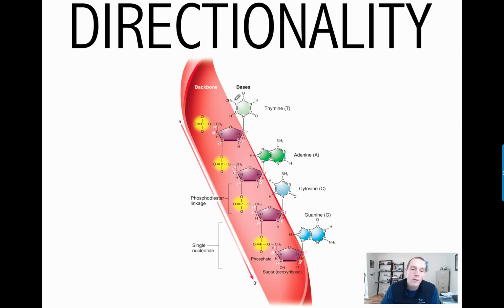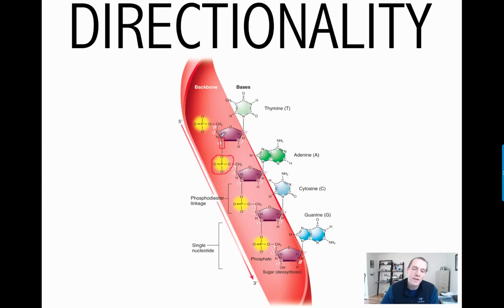Okay, so when we link these nucleotides together, we can see here we've linked together a thymine-containing nucleotide, one with adenine, cytosine, and guanine. So these 4 nucleotides have been joined together. That's what DNA replication will do, that we'll look at in a little bit. So what we're going to do to link these together is we're going to take the hydroxyl that was on the 3' carbon here, and we're going to join it to the phosphate group.